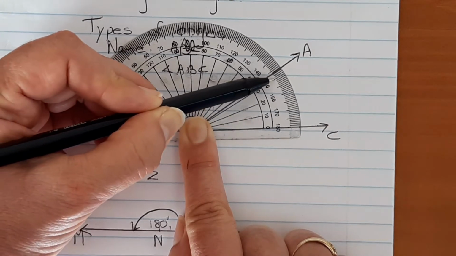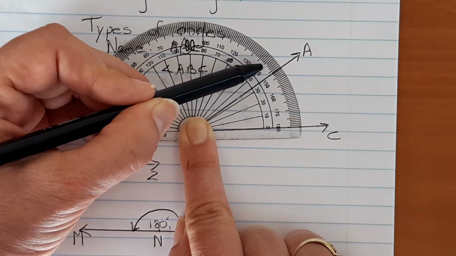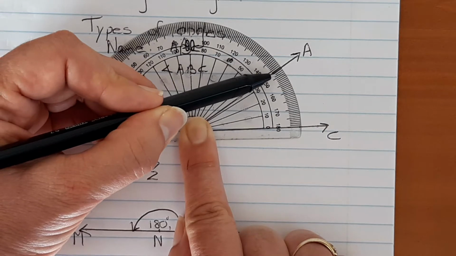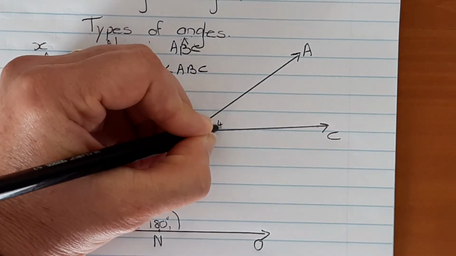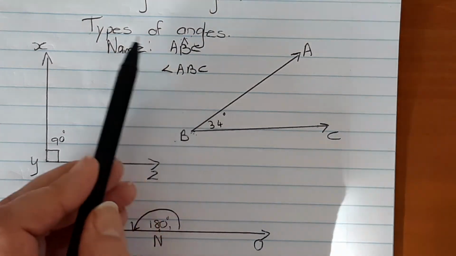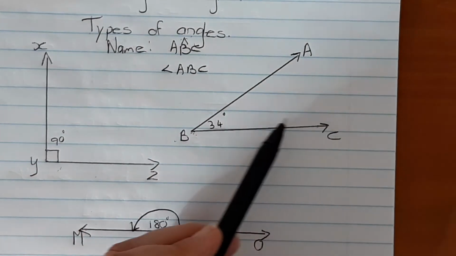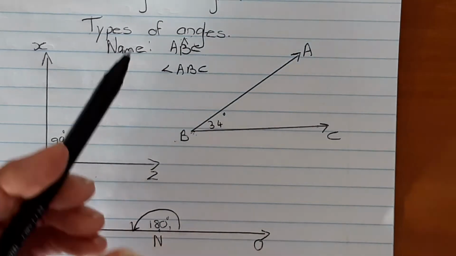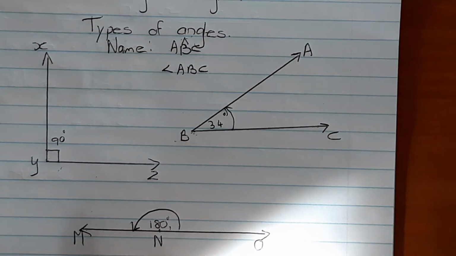So you go out to that longer line there, 30, 31, 32, 33, 34. This one's between 33 and 34. Let's make it 34 degrees. And you write there, this angle, it's an acute angle. Angle ABC, it's 34 degrees. And you can indicate you've measured that angle there.